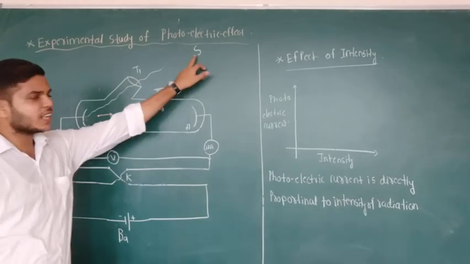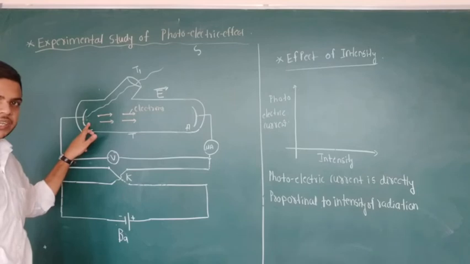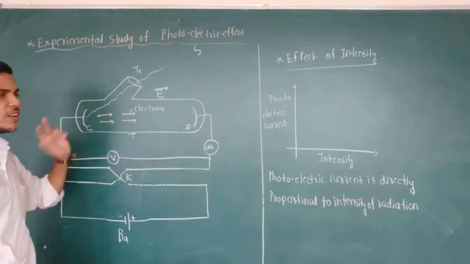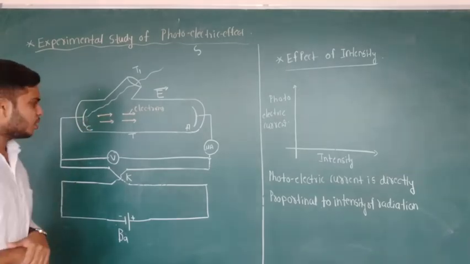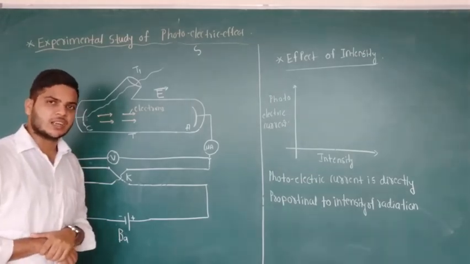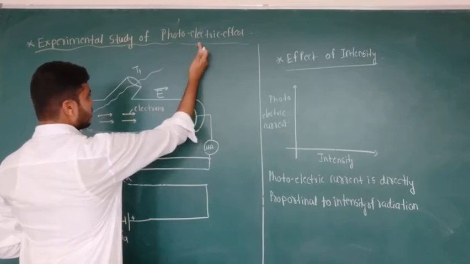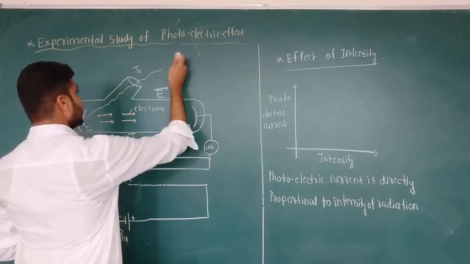Initially, I keep the source away from the tube so that the intensity of radiation is less. When the intensity is less, less light falls on the emitter plate so fewer electrons come out. For example, in the first case imagine only 10 electrons are coming. In the second case, I slowly bring the source near to the tube.